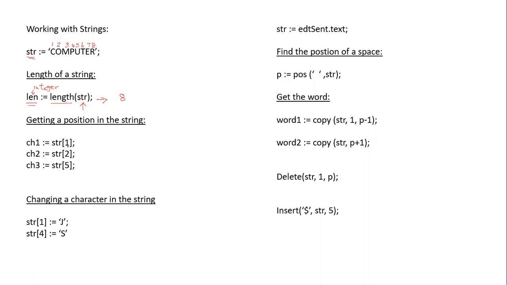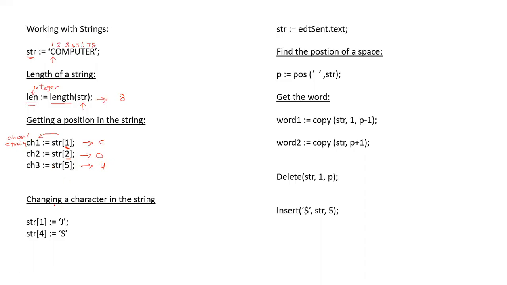So str[1] means we're looking at position 1, and that will be stored in the variable ch, where ch will be declared of type char, or it could also be of type string. str[2] will then give you the second character, which will be the O. As we said, str[1] is the first character, which is the C, and str[5] will return the U.